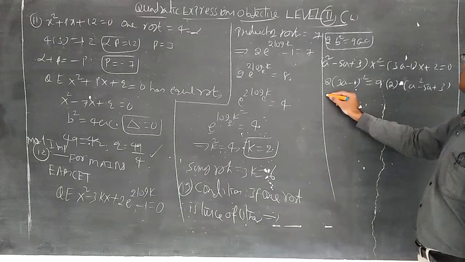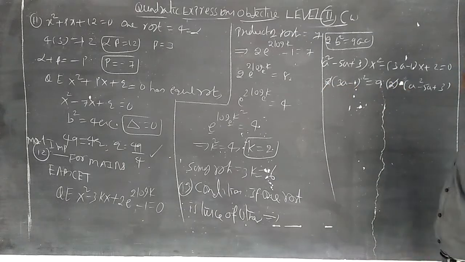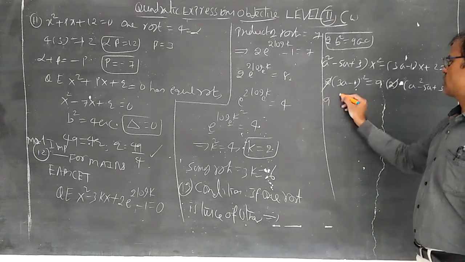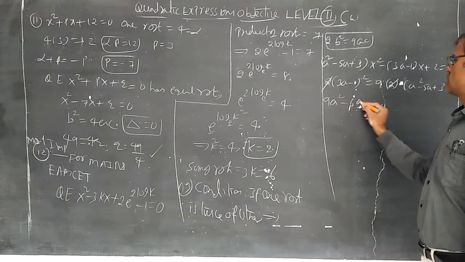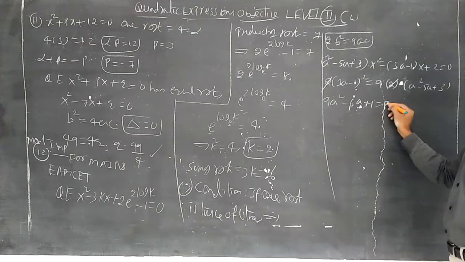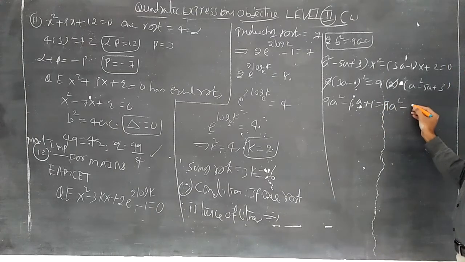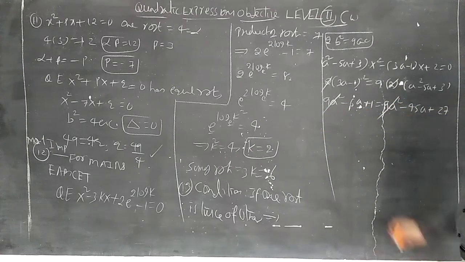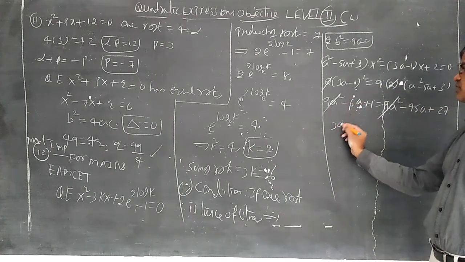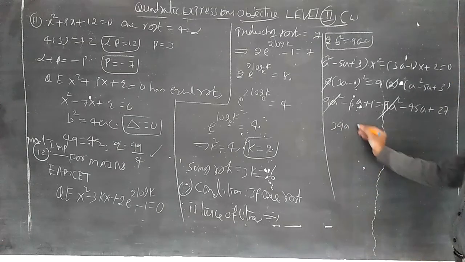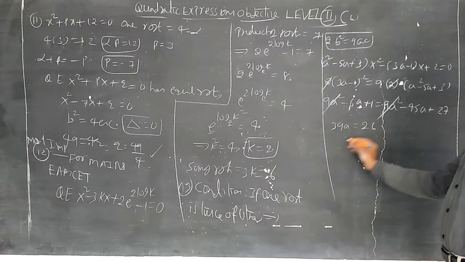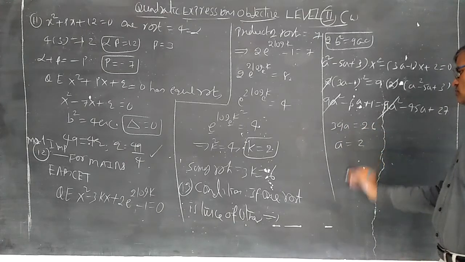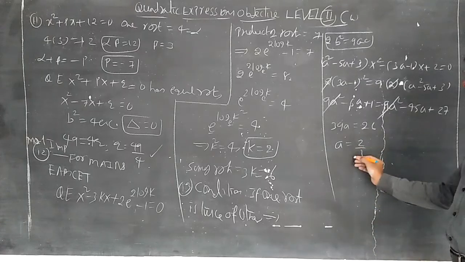Now this 2 and 2 will get cancelled. Here 9a square minus 6a plus 1 is equal to 9a square minus 45a plus 27. 9a square will get cancelled. 45 taken this side, it becomes 39a is equal to 26. So a is equal to 26 by 39, that is 2 by 3.